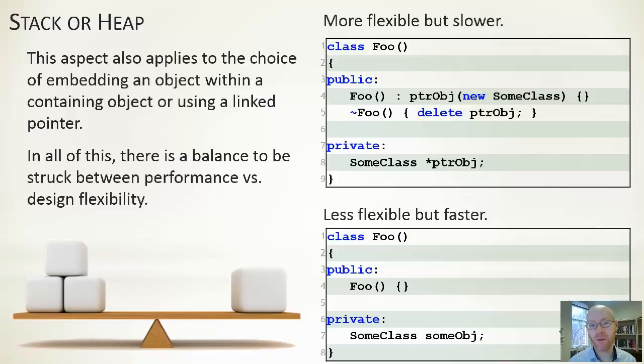It makes a difference in terms of what it takes to copy or to move that object around, the size of it, and the cost and the speed at which it can be allocated and deallocated. So generally speaking, the one at the top is a bit more flexible because we are simply maintaining a pointer to this some other class. And in the future, some other class could be enriched through a class hierarchy to take on different types or different forms, and our foo class would still work.